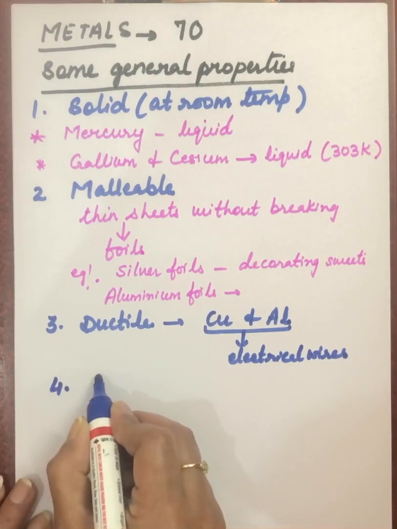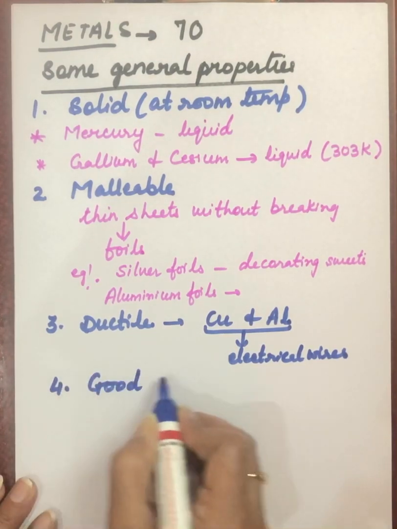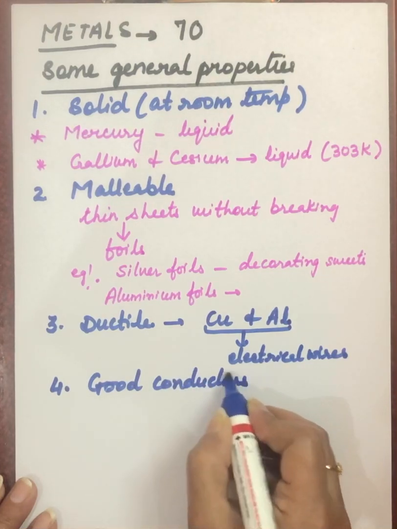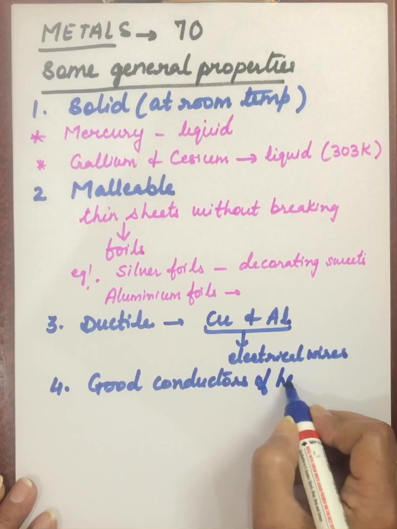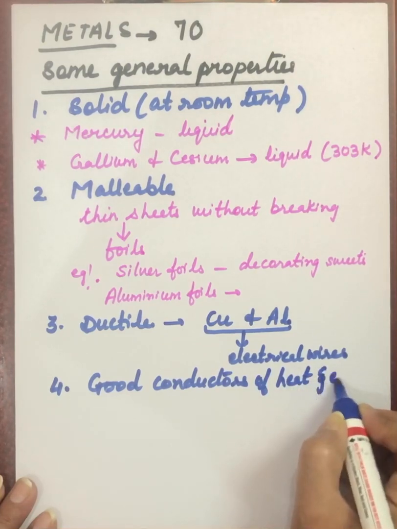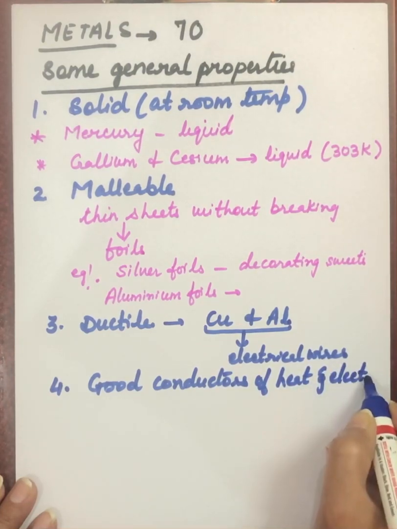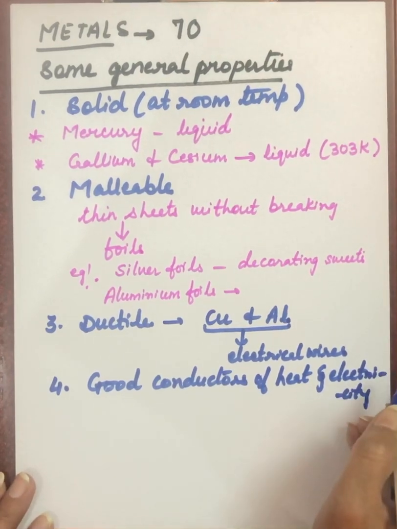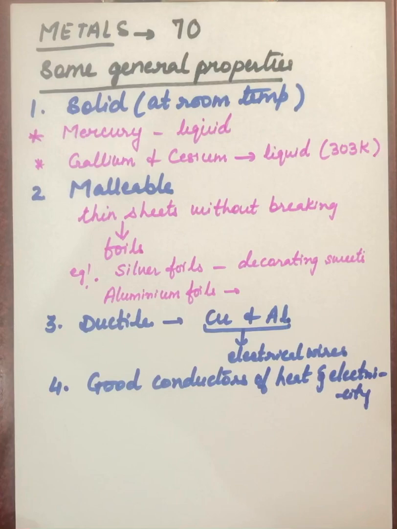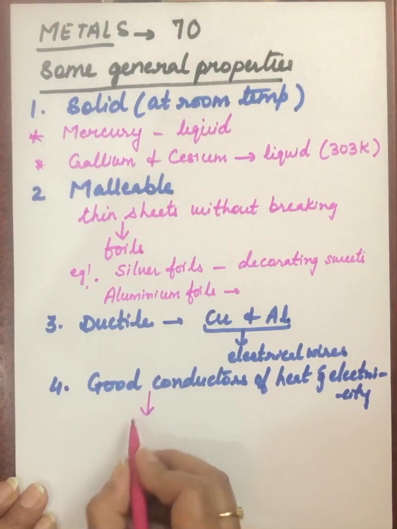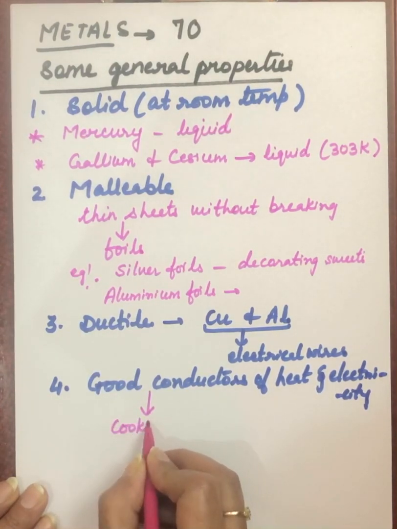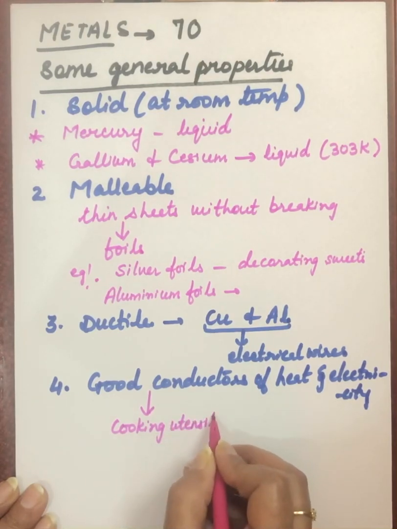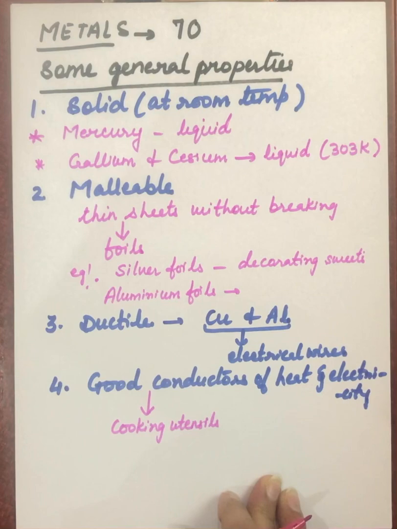Next property is that metals are good conductors of heat and electricity both. Metals conduct heat. That is why metals are used for making cooking utensils, in which we have to cook food so that the heat from outside should reach inside.